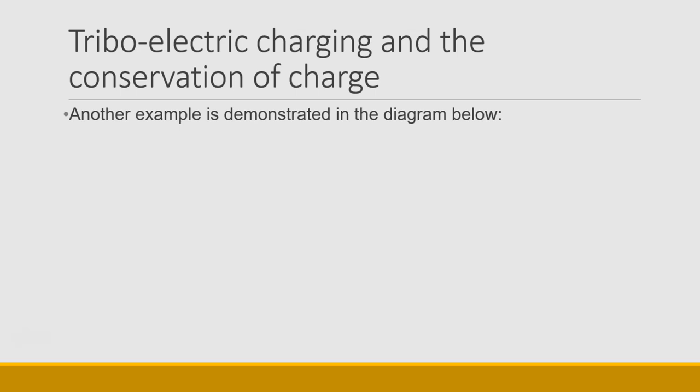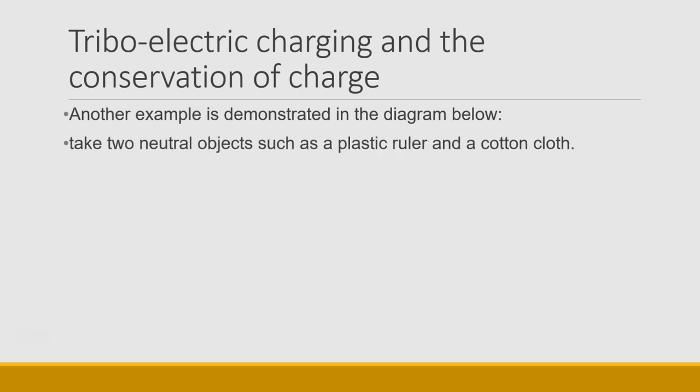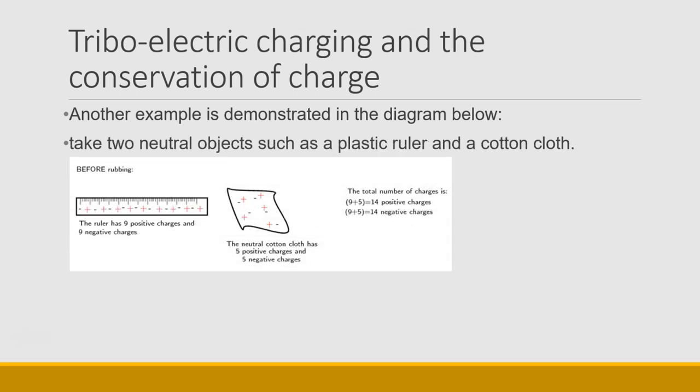Here's another example where we can demonstrate the conservation of charge. So take two neutral objects. We've got a plastic ruler and we have a cotton cloth. Now, this is obviously not accurate because a plastic ruler is made up of many more than 9 positive charges and negative charges. These materials are made up of millions of atoms.